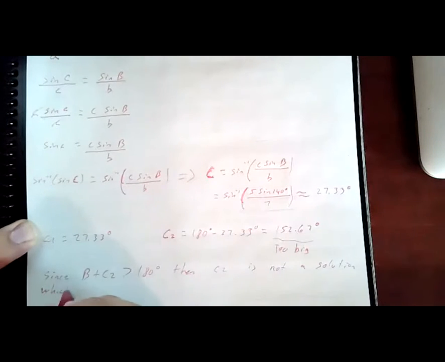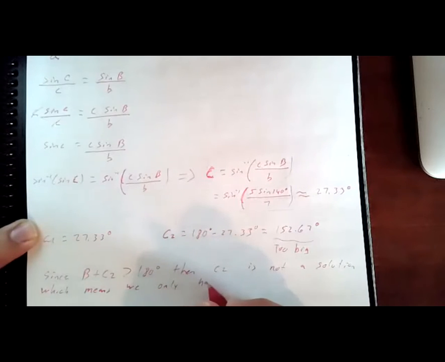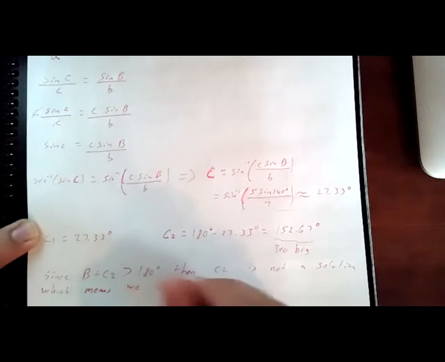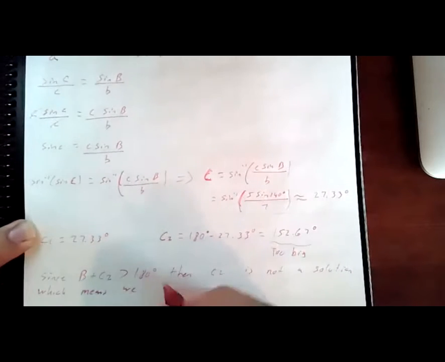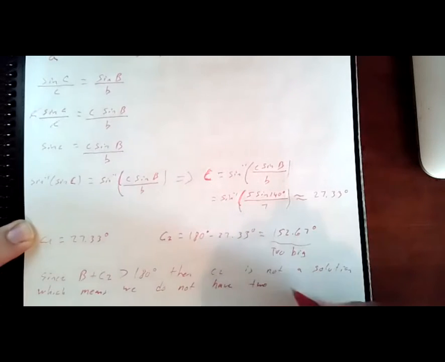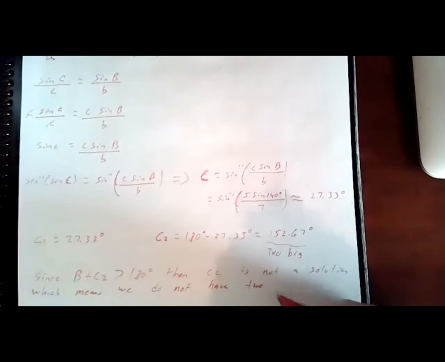Which means we don't have two triangles. We'll phrase it that way. So we will only find one C and one A.